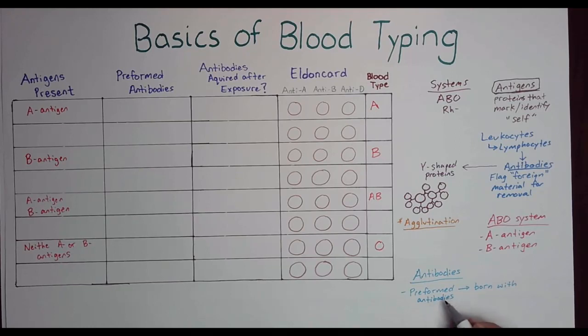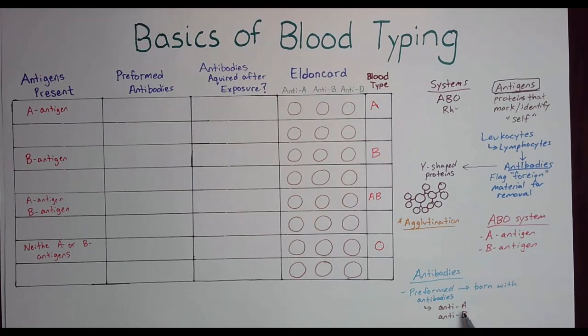So preformed antibodies. If you have preformed antibodies, you're going to either have what's called anti-A, or you're going to have anti-B. Those are the two major preformed antibodies that we're going to be discussing here today. Again, you can see there's more to blood typing than what I can talk about today, but this is sufficient for understanding the basics of blood typing.